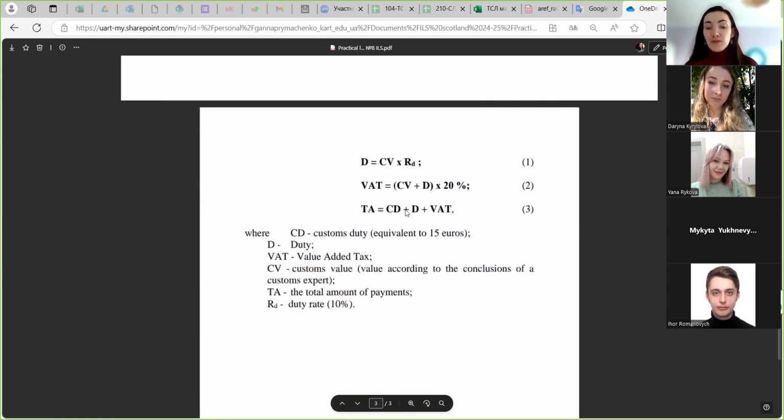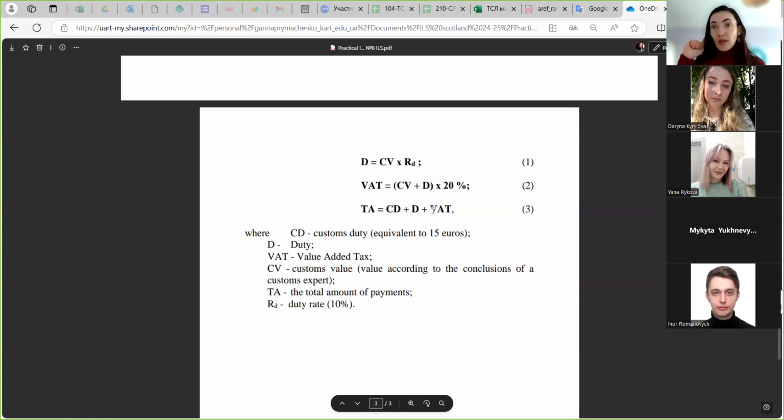So we use CV. After this, we add the result of formula number 1, our G, our duty. We used open quantity and close quantity, and the result of this sum we multiply by 20%.